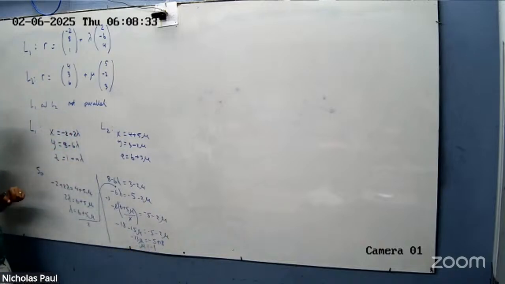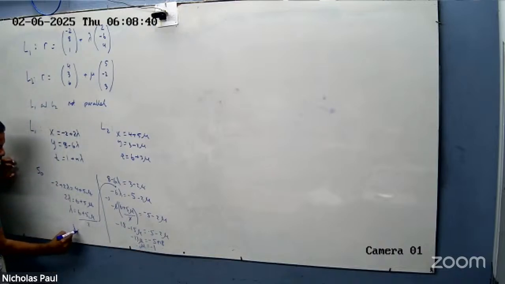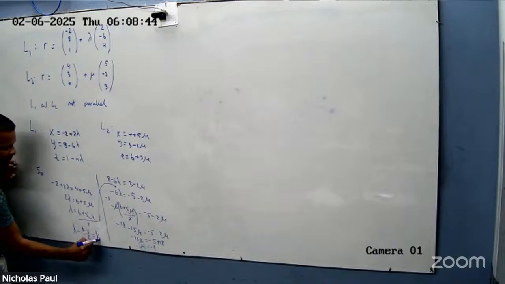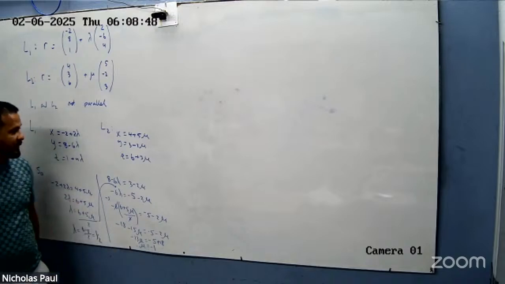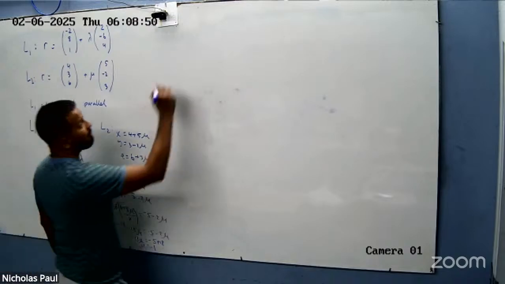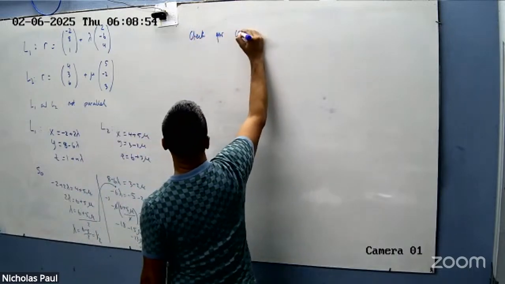Oh, this lambda was a fraction. Right, so if mu is minus 1, we can find lambda. That'll be 6 minus 5 over 2, which is a half. So lambda is a half and mu is minus 1. So we're going to check now. We're going to check for consistency.